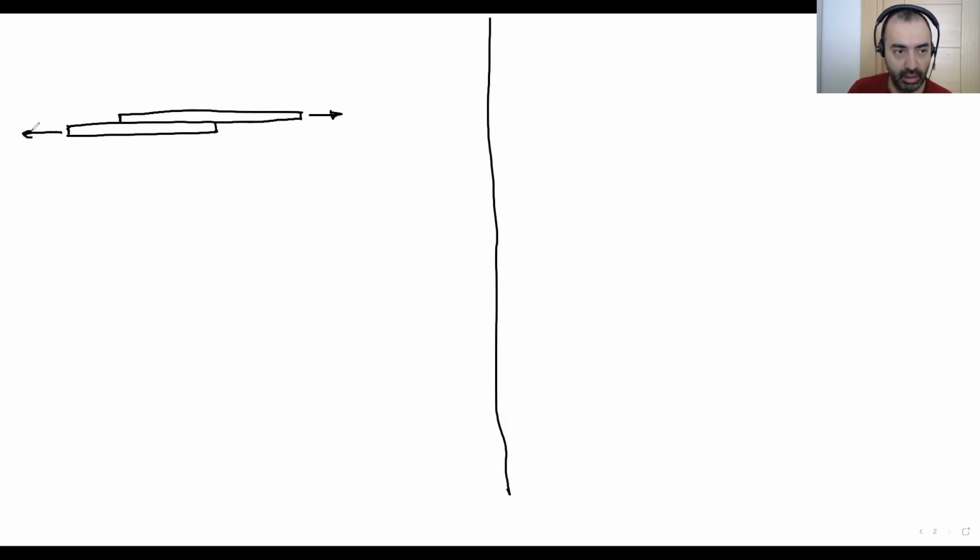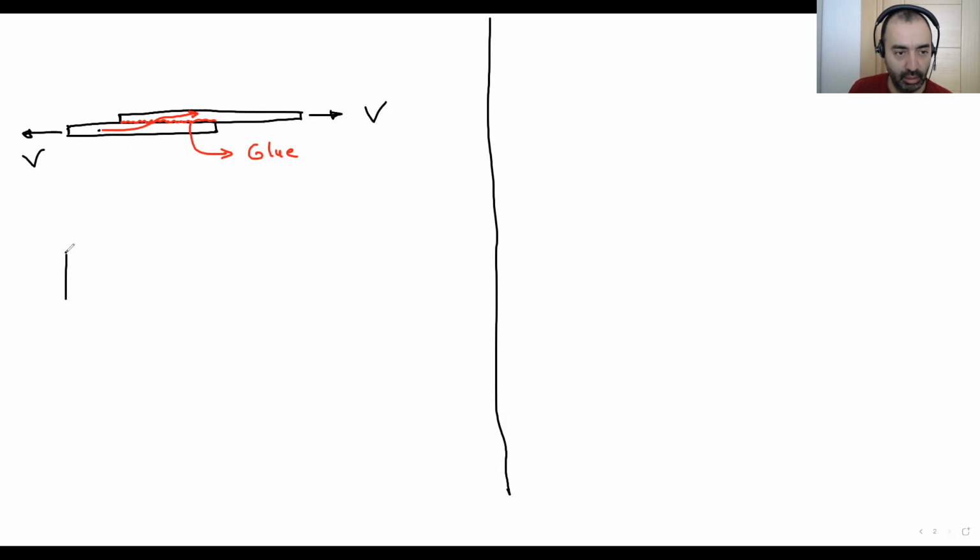We apply a force. So what we do, we transfer this force from this member to this member. How? Here there's glue. Okay, this portion transfers this loading to the other piece.